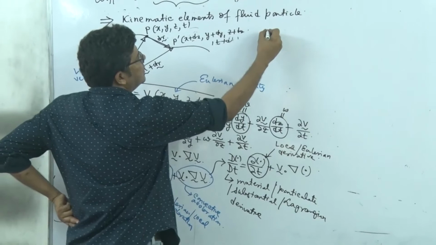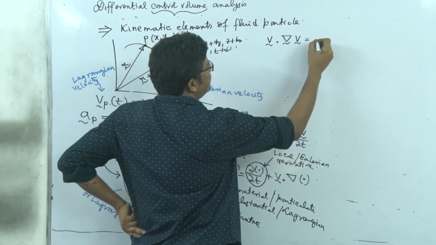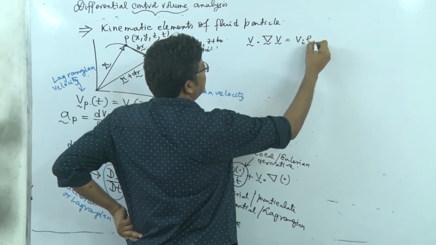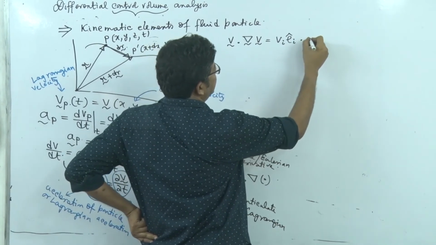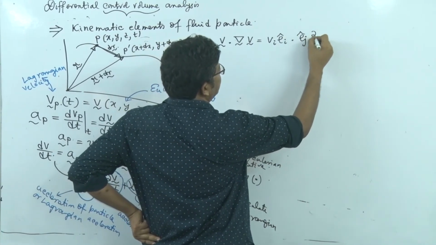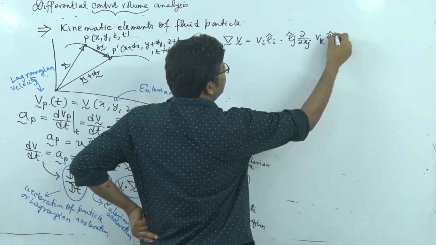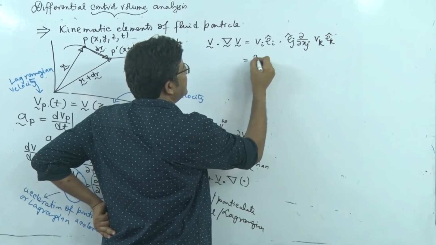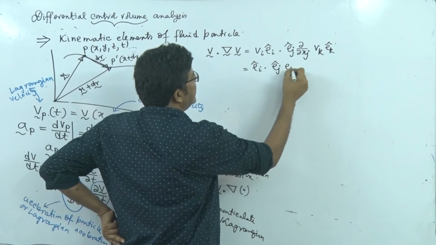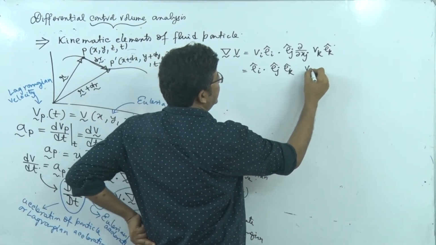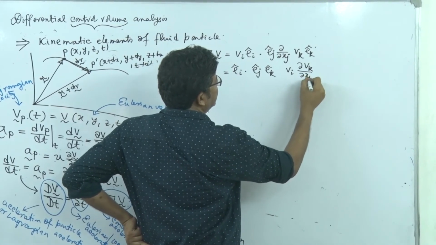Now you see this v dot grad v in our new notation, vi ei cap, then ej del del xj, vk ek, then ei dot ej ek, which will be forming a dyad, and the scalar part is vi del vk del x.